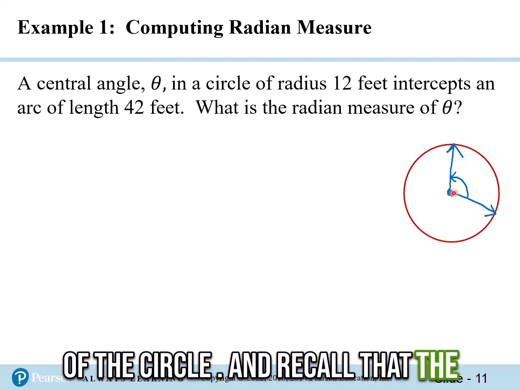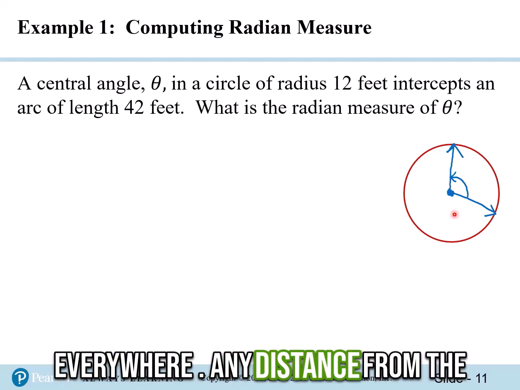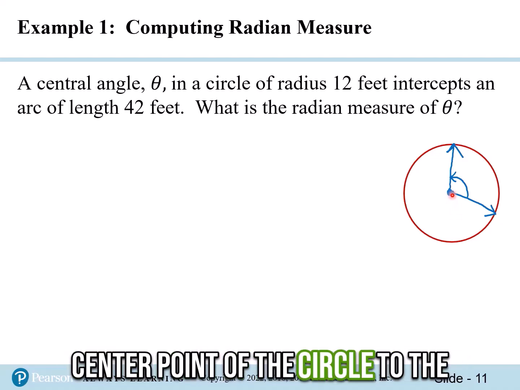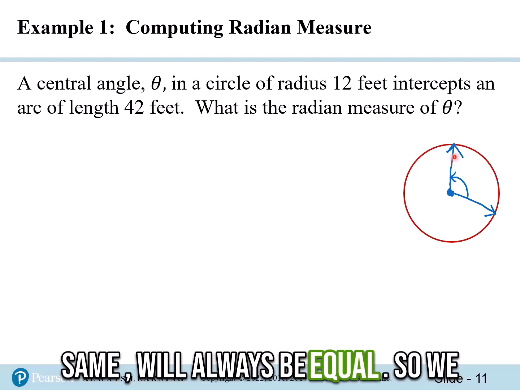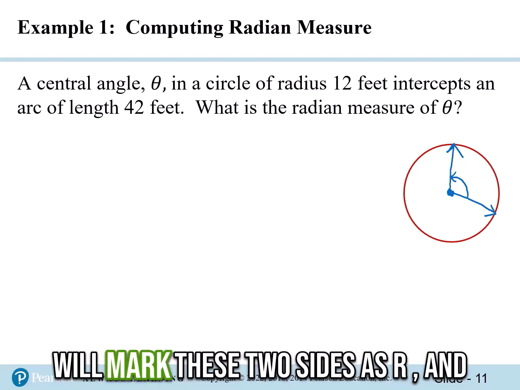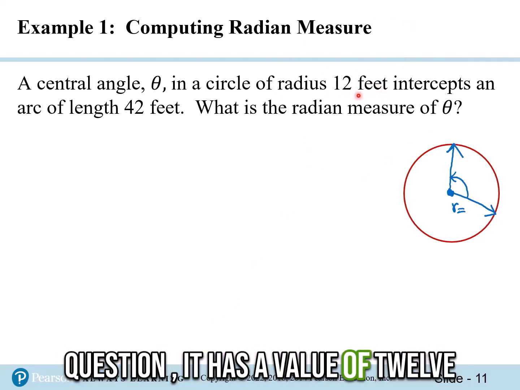And recall that the radius of a circle is the same everywhere. Any distance from the center point of the circle to the circumference will always be equal. So we will mark these two sides as R, and R has a value of 12 feet, as per the question.